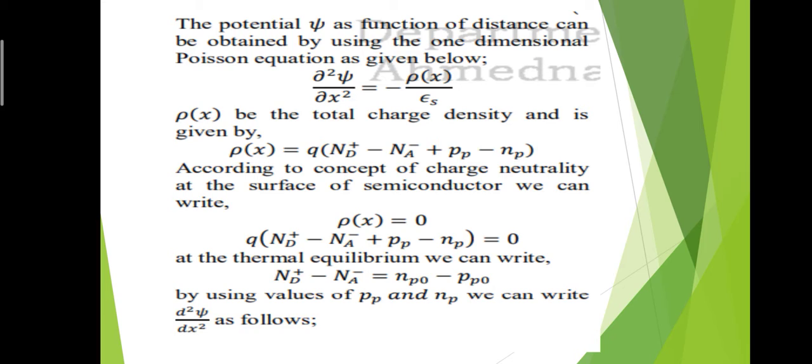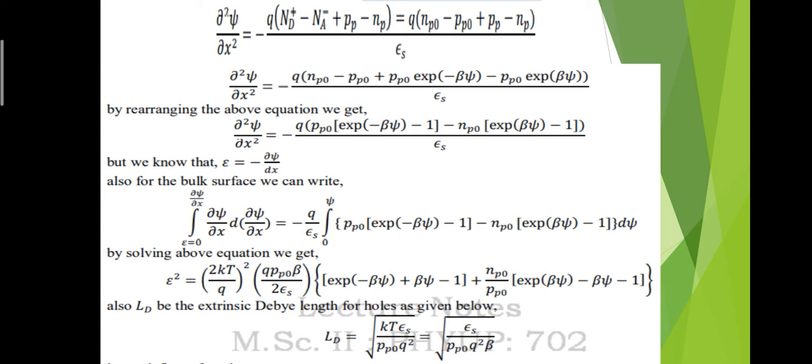We have the equation d2 psi by dx square is equal to minus rho of x divided by epsilon s. From the above equation we have the value of rho of x, so substituting it, we get d2 psi by dx square is equal to minus q (Nd plus minus Na minus plus Pp minus Np) divided by epsilon s, or simply in terms of Np0 and Pp0, that is q into (Np0 minus Pp0 plus Pp minus Np) divided by epsilon s. So this is the required equation for d2 psi by dx square in terms of Np0, Pp0, Pp and Np.